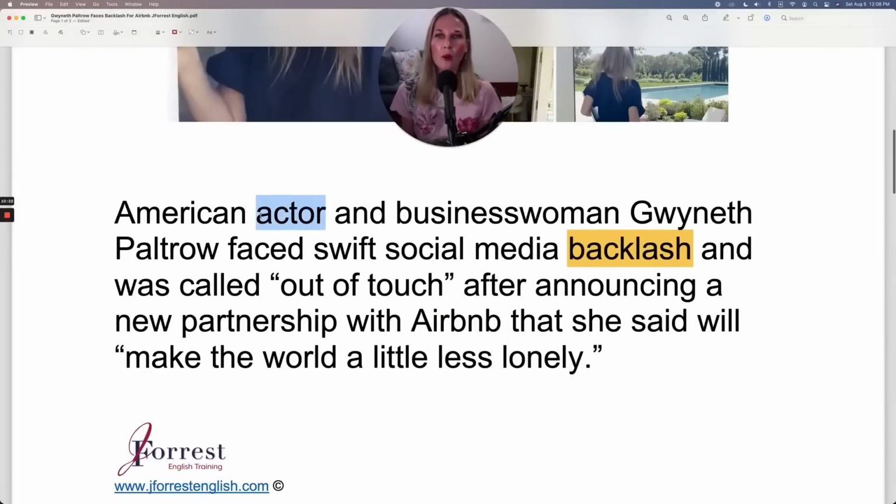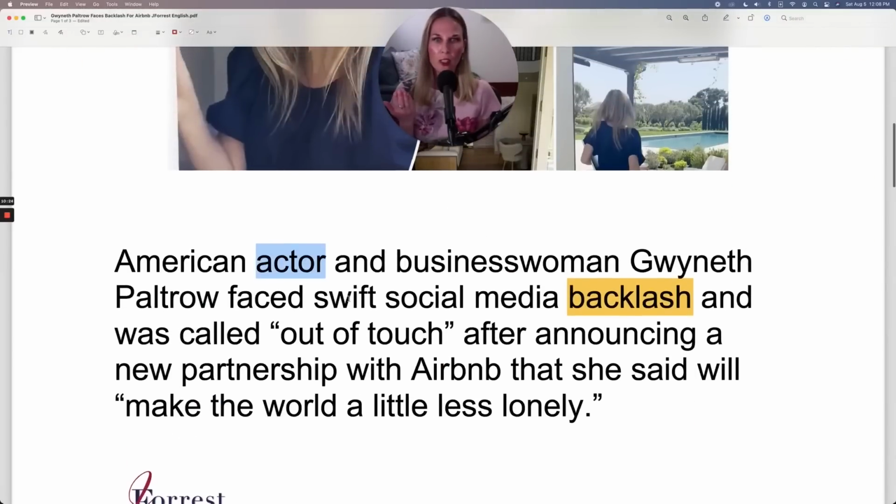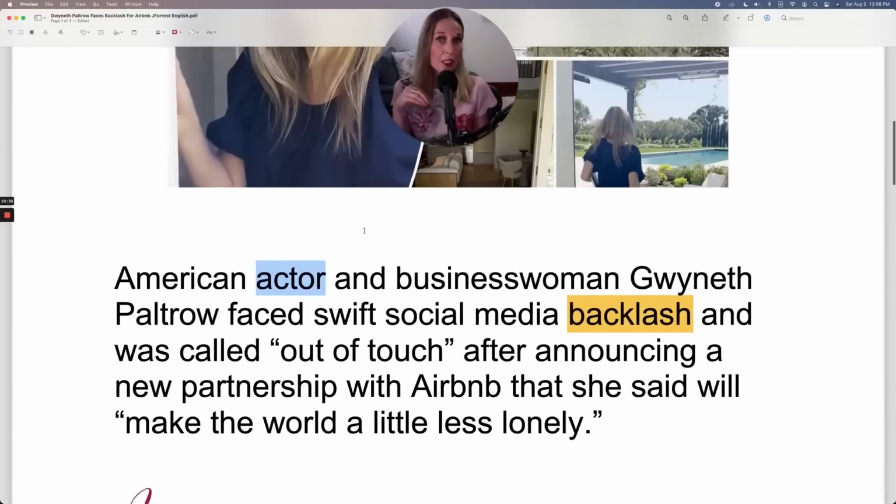Notice how they use actor, but in this case, they use businesswoman. Actor in the past was only used to describe males, and then actress was used for females, but that is not something that in modern usage of English people continue to use.